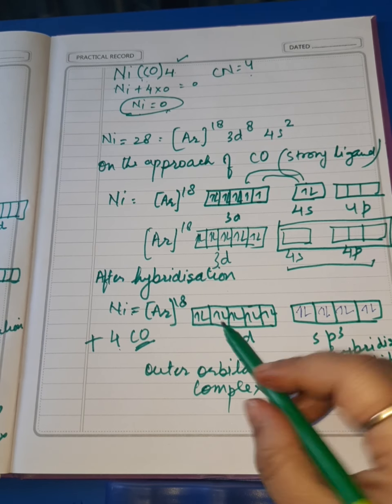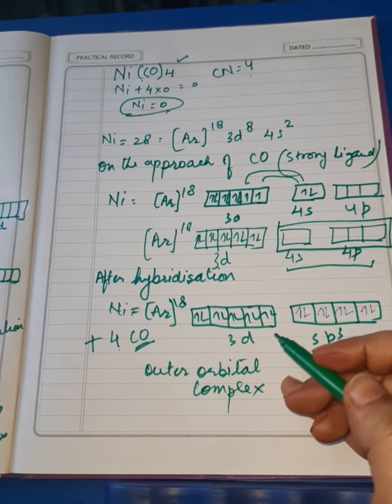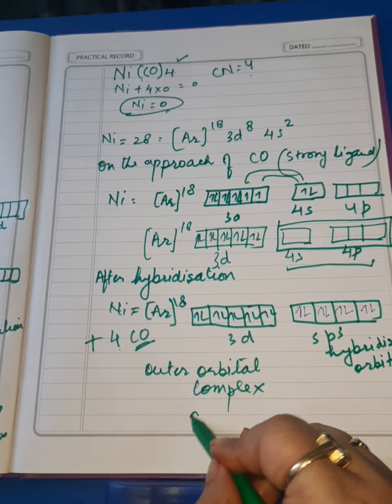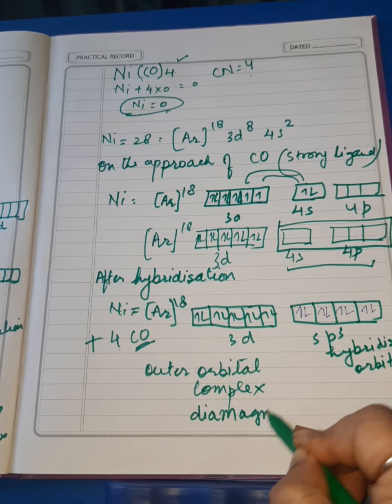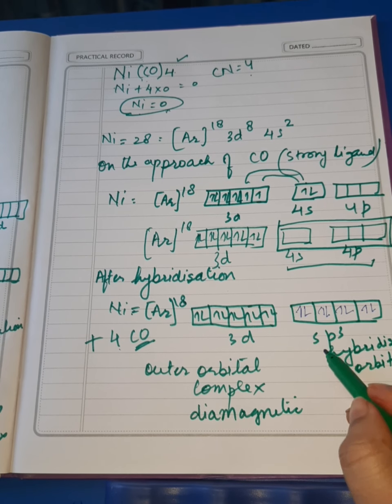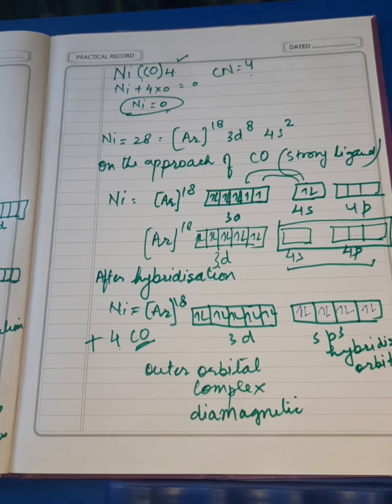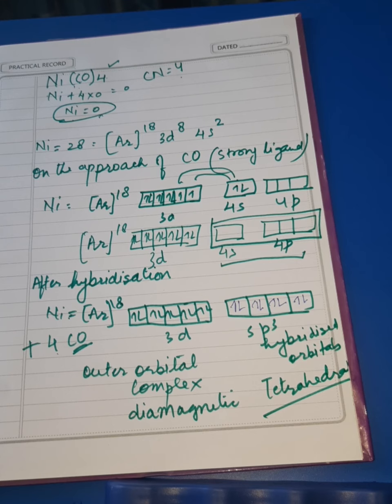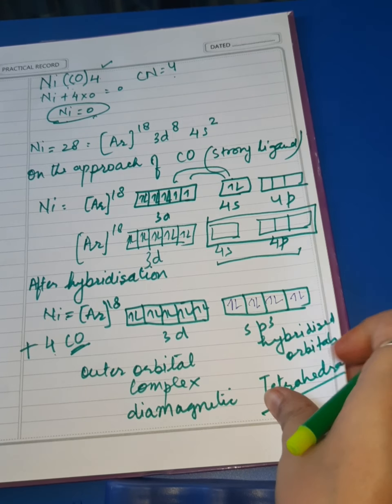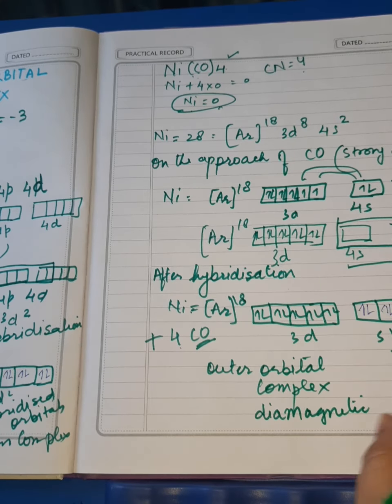Okay, and since this does not contain any unpaired electrons, so we can say this complex is diamagnetic. Since its hybridization is sp3, so its geometry will be tetrahedral. I hope it is clear to all of you. So this was the formation of tetracarbonyl nickel.